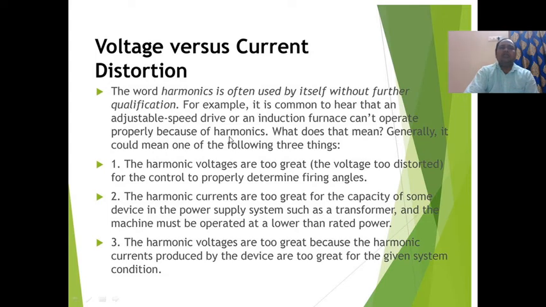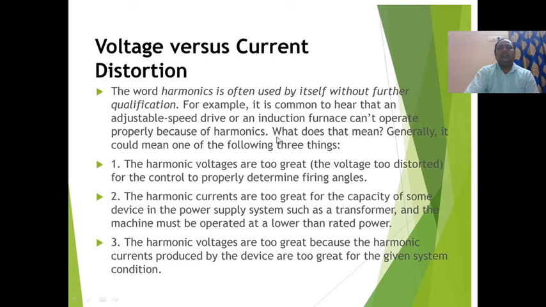The induction furnace's efficiency also decreases because of harmonics. So these are important phenomena. An adjustable speed drive or an induction furnace cannot operate properly because of harmonics.